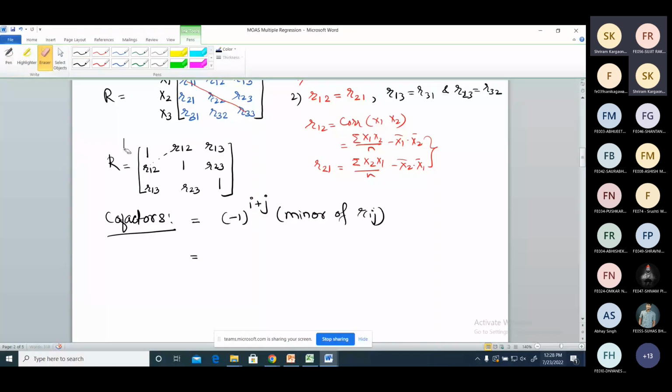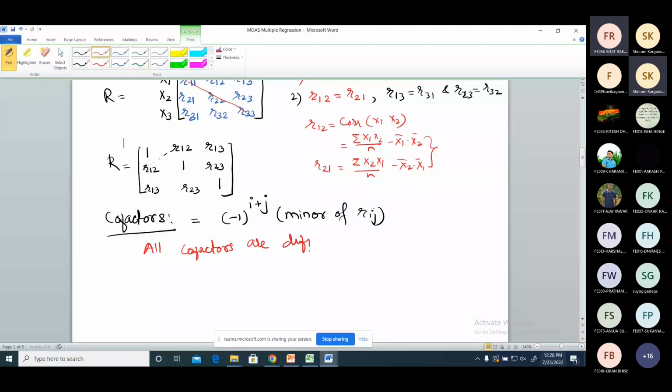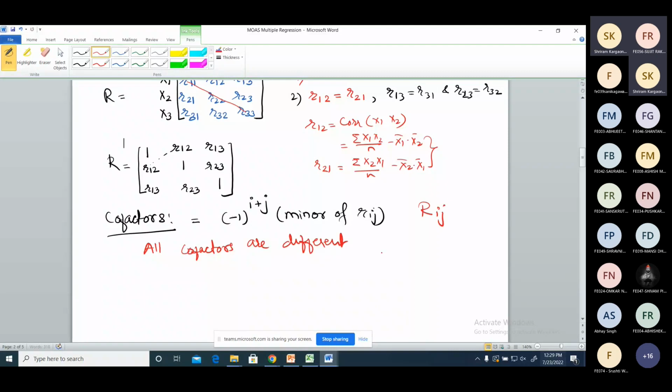All cofactors are different, and they are denoted by capital Rij. In trivariate data there are 9 cofactors.